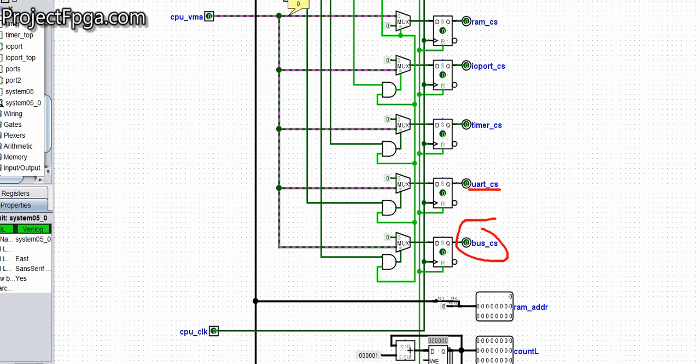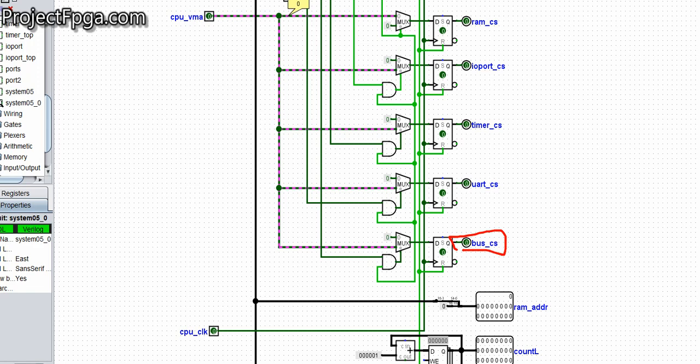We've already treated IO port, timer, UART, and the RAM as individual topics. But this bus represents any other peripheral you are going to be adding. So instead of redrawing the whole circuit to start adding chip select for the new peripheral, you just put it to this bus CS.